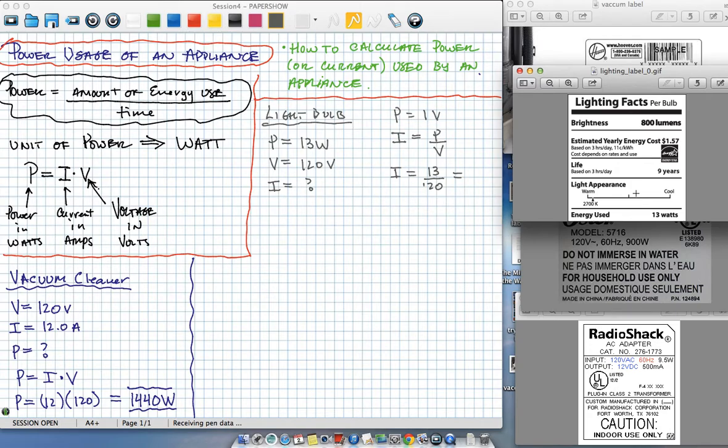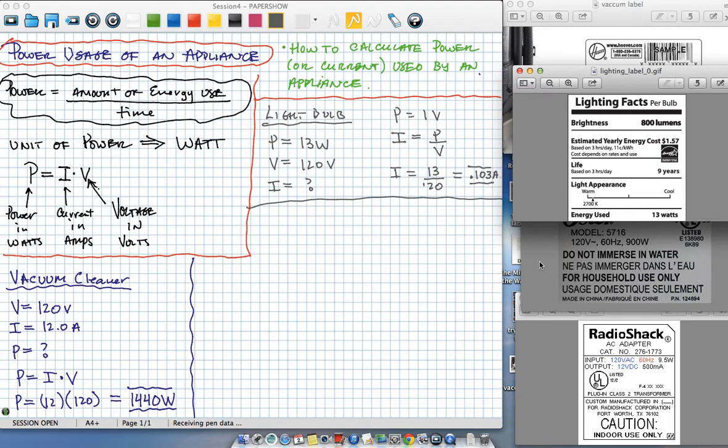So 13 divided by 120 is equal to 0.103 amps. Okay, very low current going through that light bulb. Those light bulbs are very energy efficient.